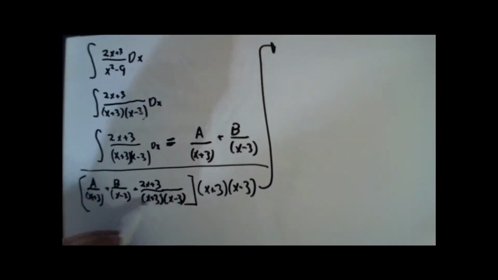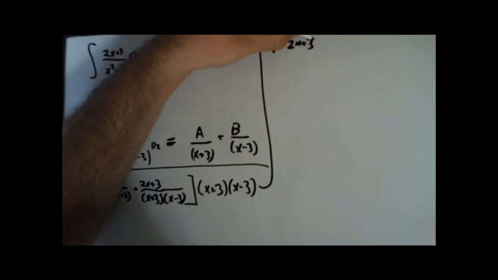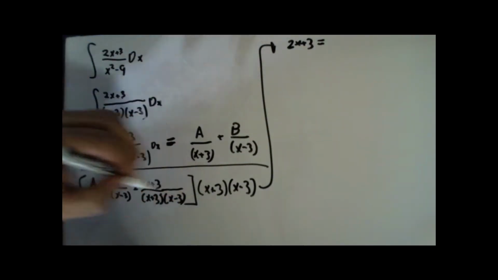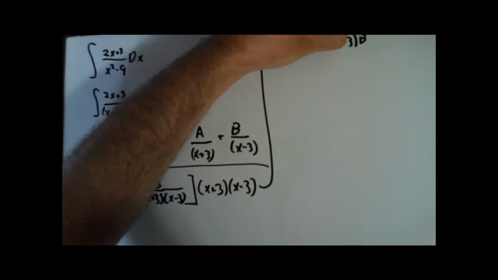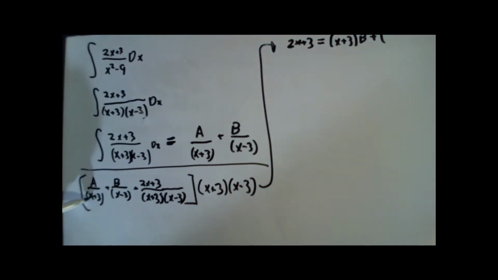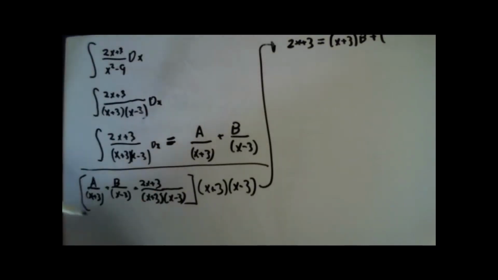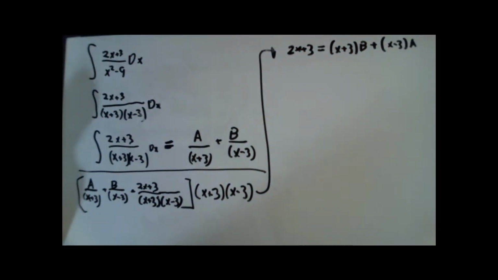This whole thing cancels out because it's being multiplied, so 2x plus 3 equals, and then this x minus 3 is going to cancel out the x minus 3 under B, so it's going to be x plus 3 times B plus, and then we've got an x plus 3 in the denominator here, x plus 3 in the numerator here, so it's going to be x minus 3 times A, because that's the one that doesn't cancel out.